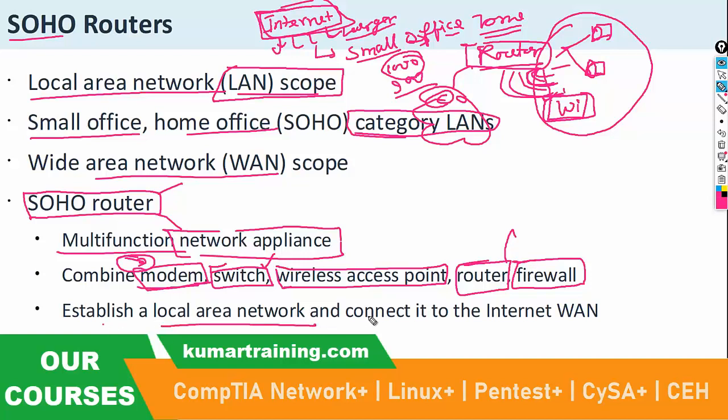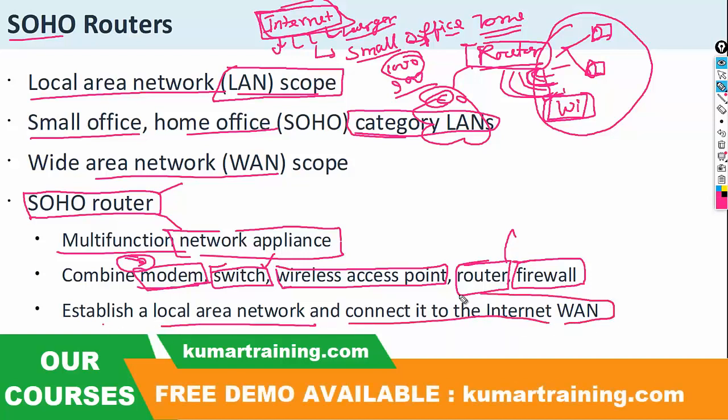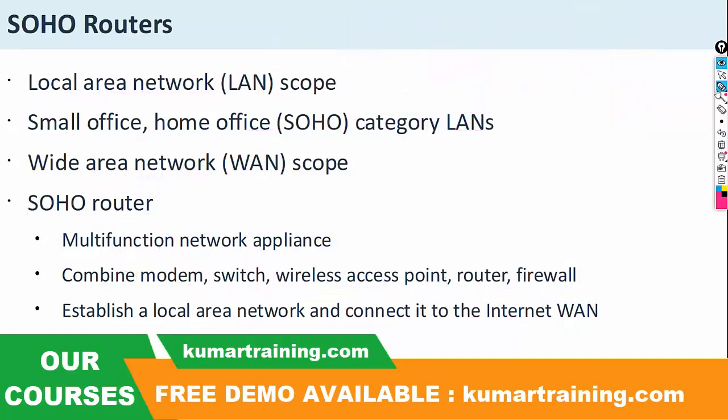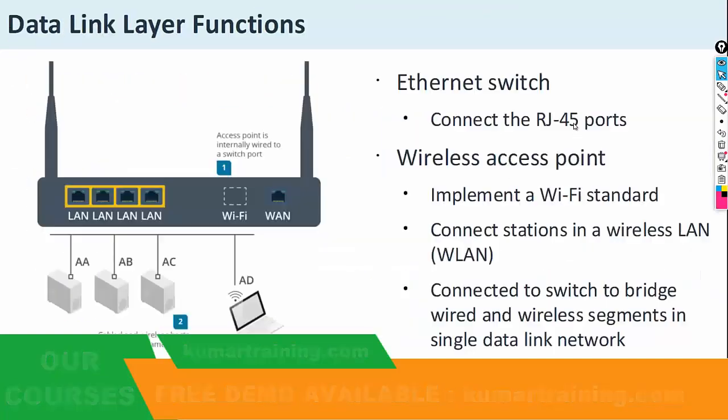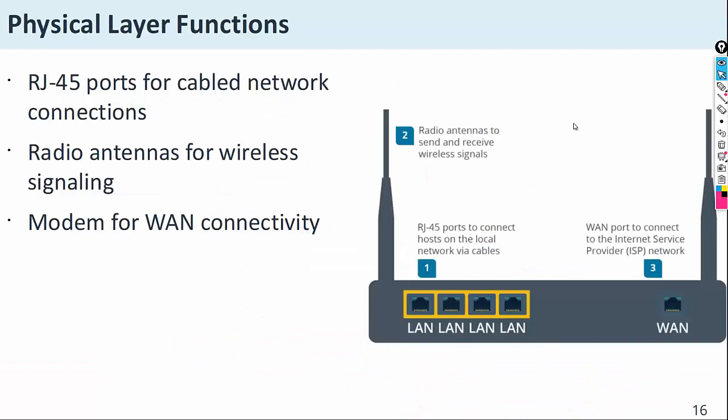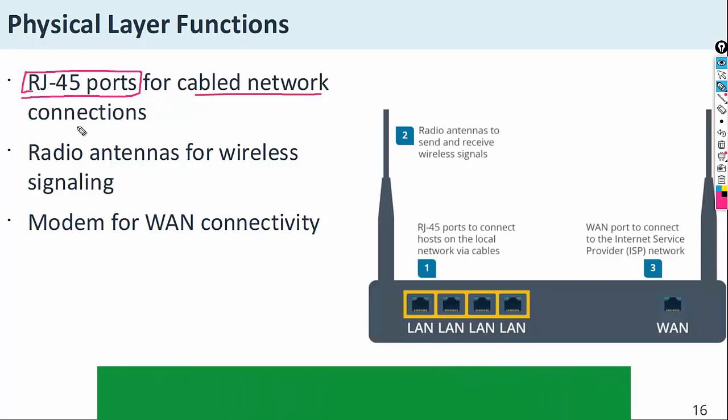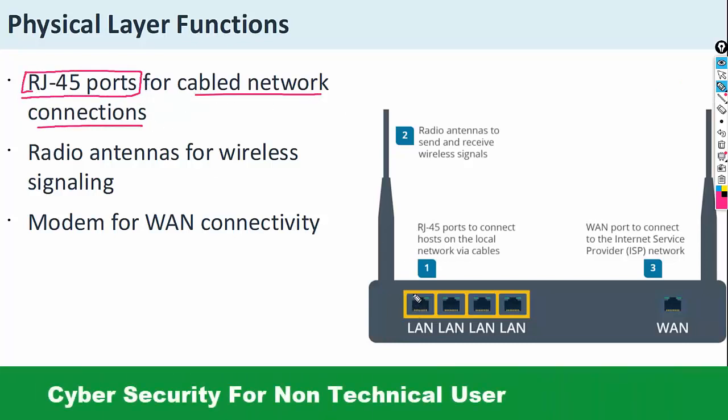It can establish a local area network and connect it to the internet or the WAN. It is possible. How? Let's check more about it. There are multiple layers, and we will discuss the multiple layer functions of the SOHO network or SOHO router. So what are the functionalities? First are the RJ45 ports on the physical level for cabled network connections.